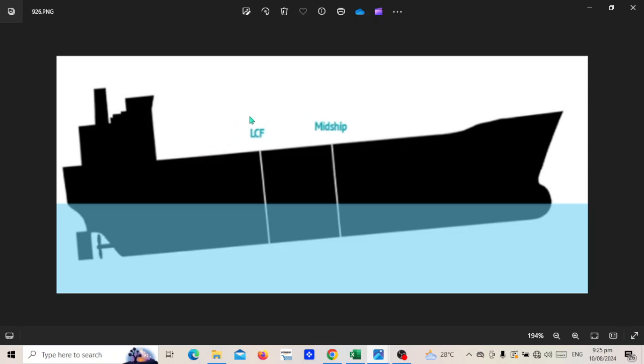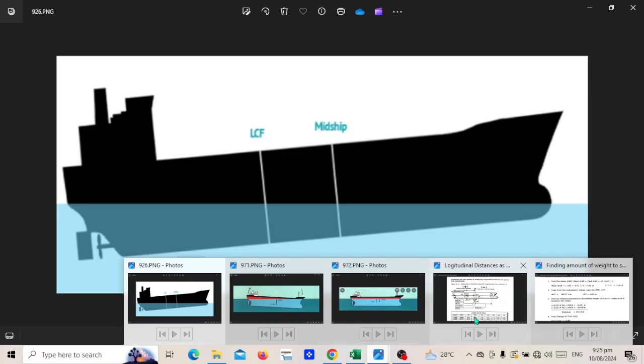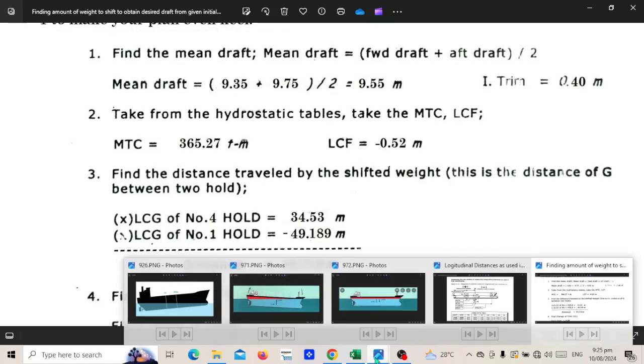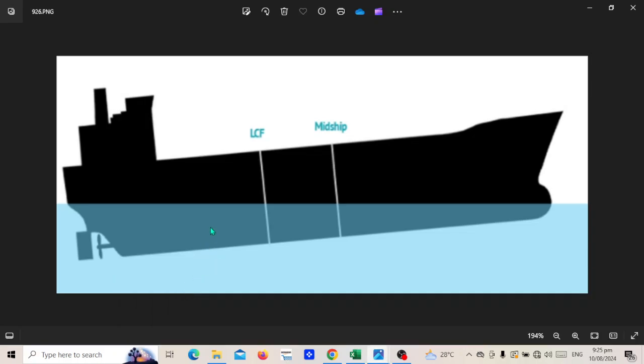Whenever you put the weight up, forward, wherever, this main draft will never change. But if you take this cargo overboard, meaning into the sea, of course, your main draft will change.